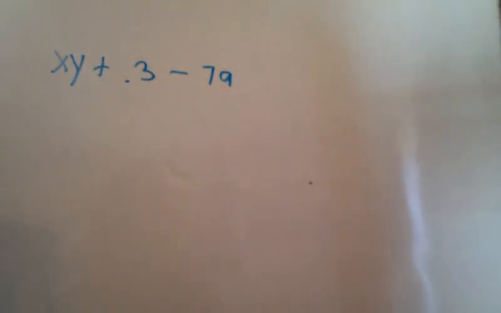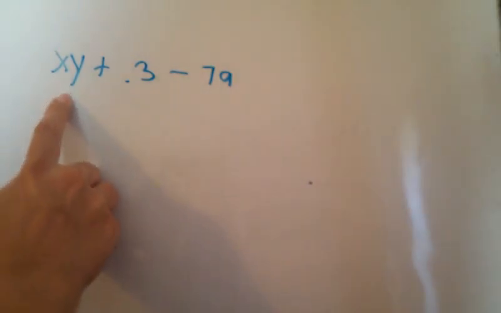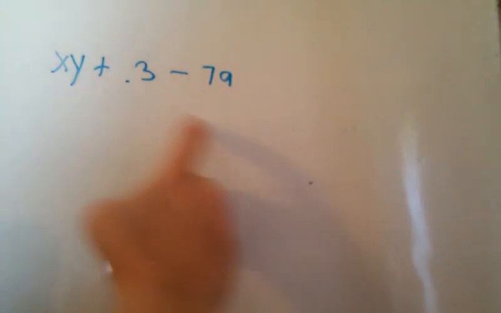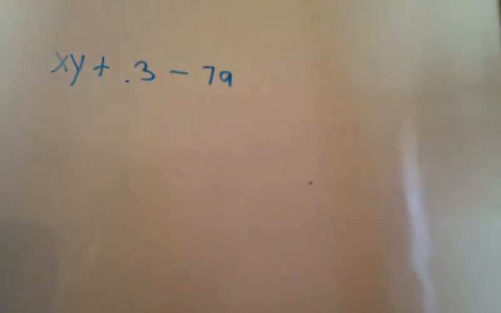Terms is anything combined by a plus or minus sign. Okay? So xy is a term. 0.3 is a term, negative 7a is a term, okay? If they're multiplied or divided, that's fine. They're still considered one term.